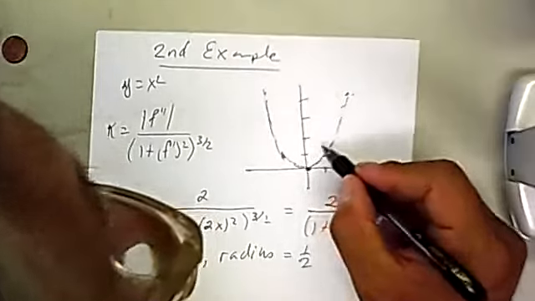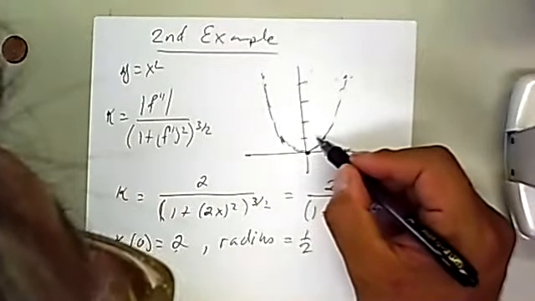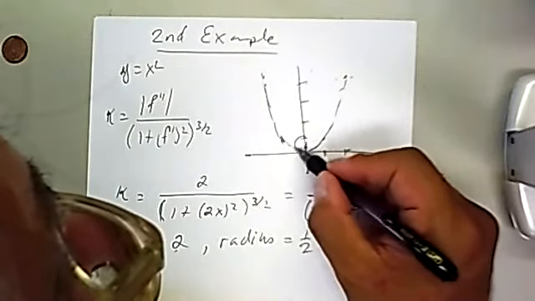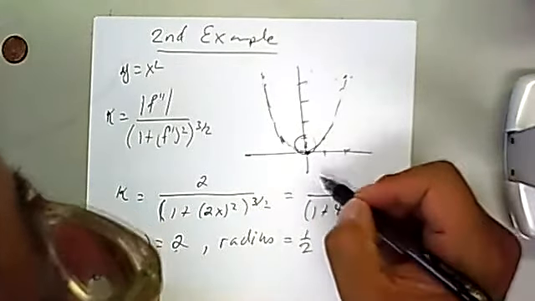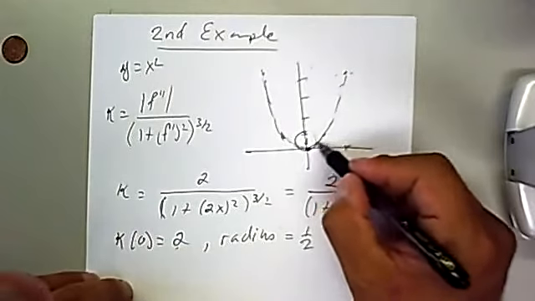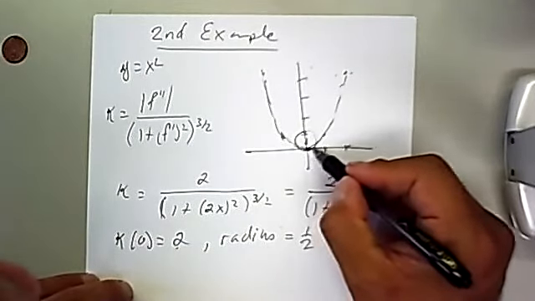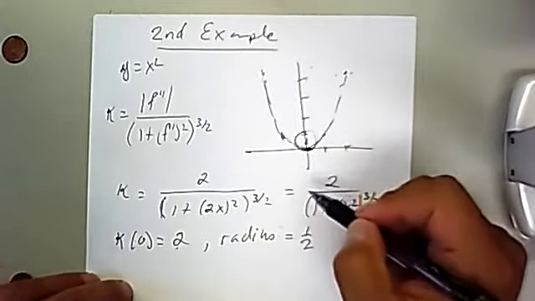So there's a circle of radius half that approximates the parabola. If you draw this circle of radius half, the parabola and the circle are very much the same right here at 0, 0.